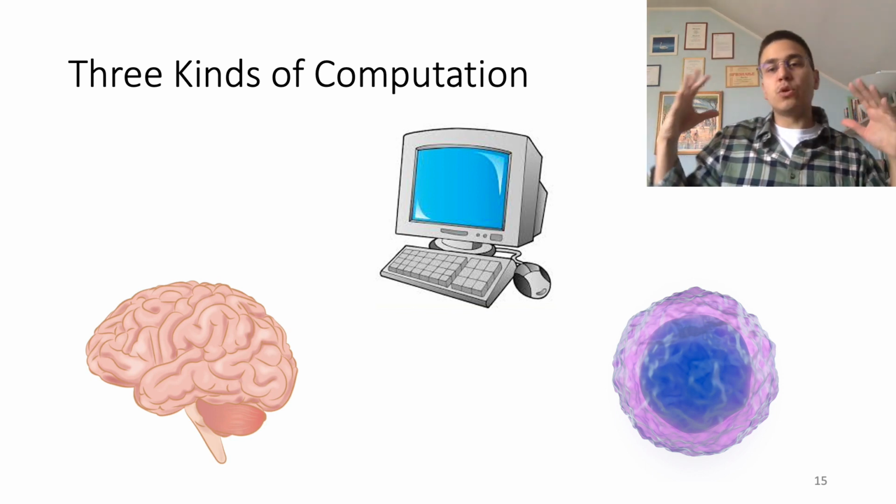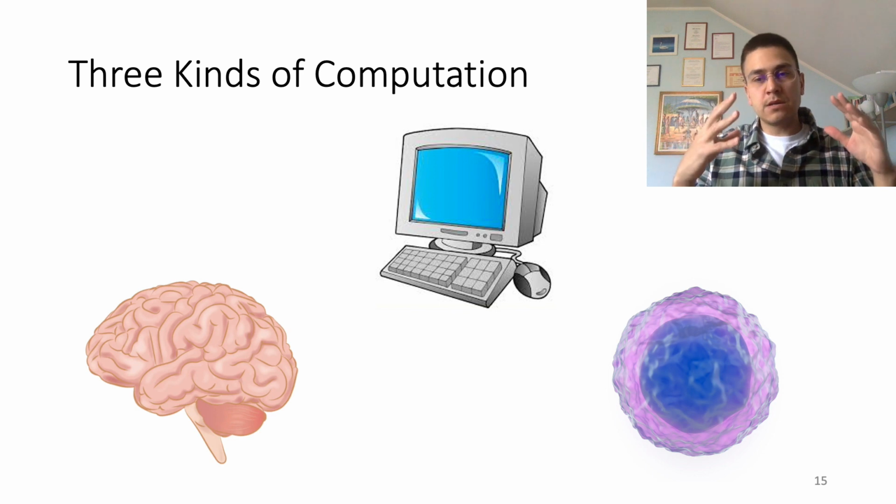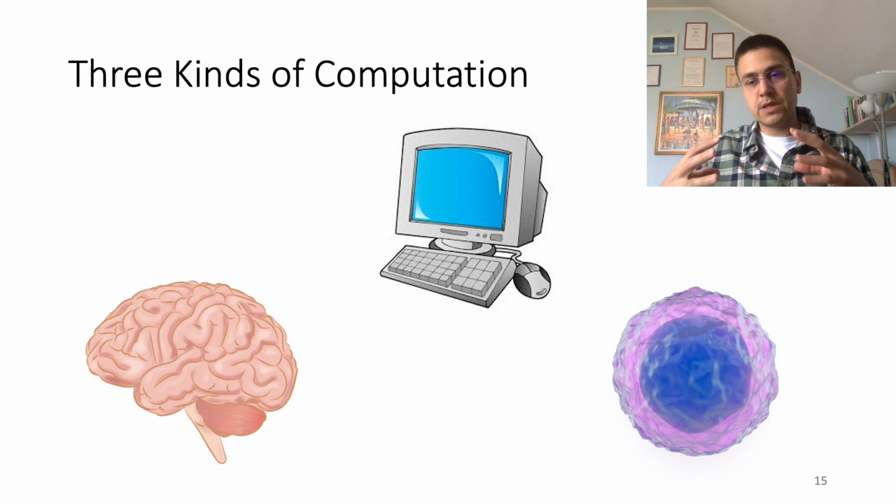So as far as we know, there are three kinds of computation happening on Earth. One, computation within our computers. Two, computation within the neural networks of our brains. And three, computation happening within every cell of every living organism on Earth within complex gene regulatory networks.